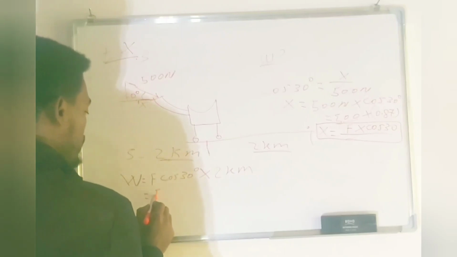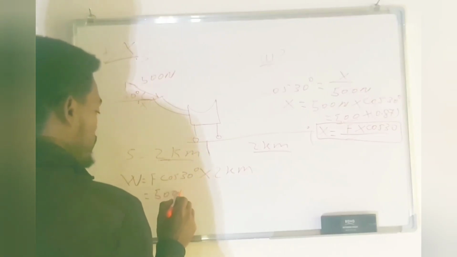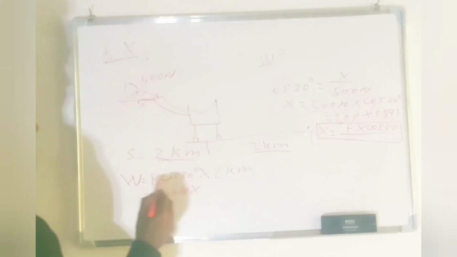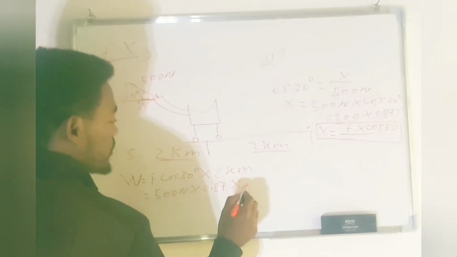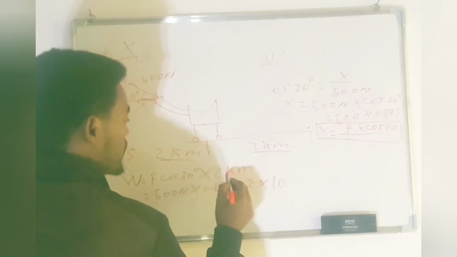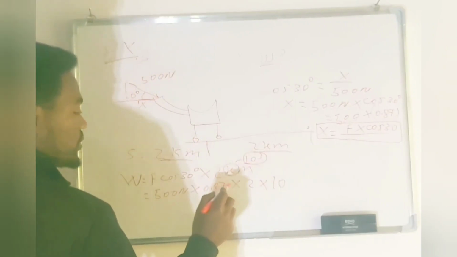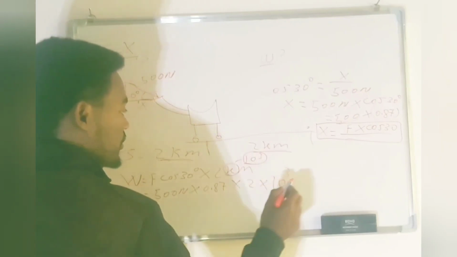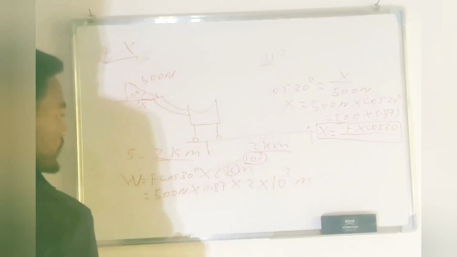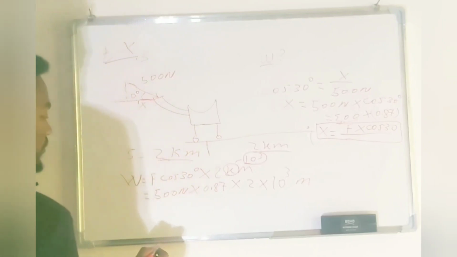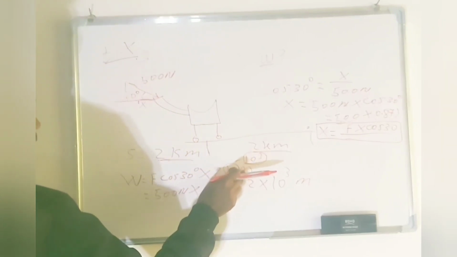Now 500 Newton times cos of 30, 0.87, times 2 times 10 to the power of 3, since kilo is 10 to the power of 3, meter. We have to put our displacement in meters.